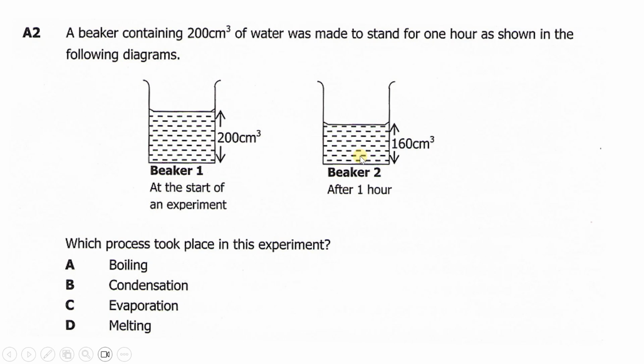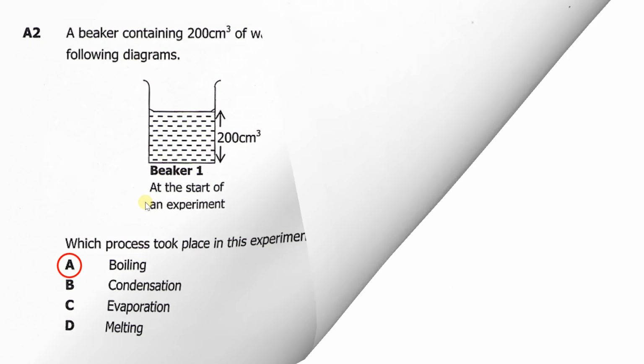I thought this was just too much. So, logically thinking, I thought the process could have been boiling. That can happen in an hour. So my answer here was A. All right, so let's move to the next question.